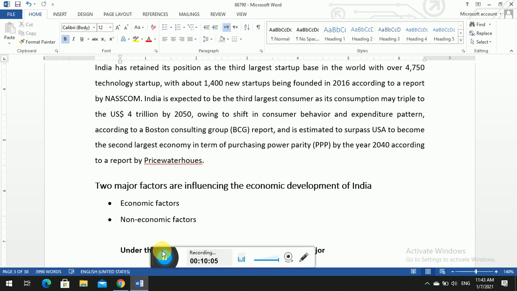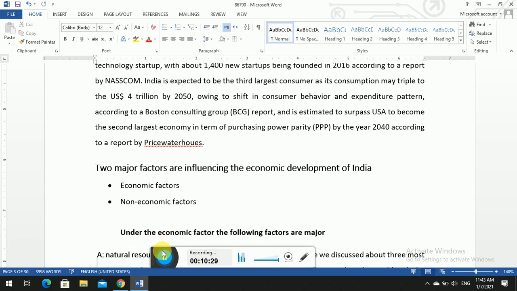So these are different reports saying consumption might triple. As India is trying to increase its production, still they need to import certain products from other countries, because their consumption rate is high because of their higher population.